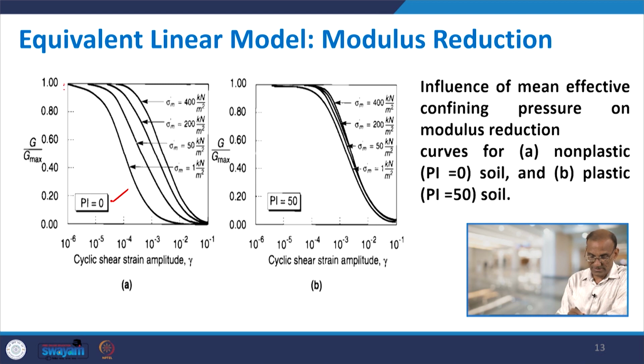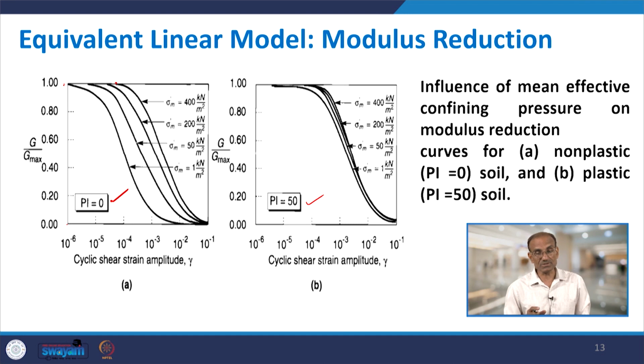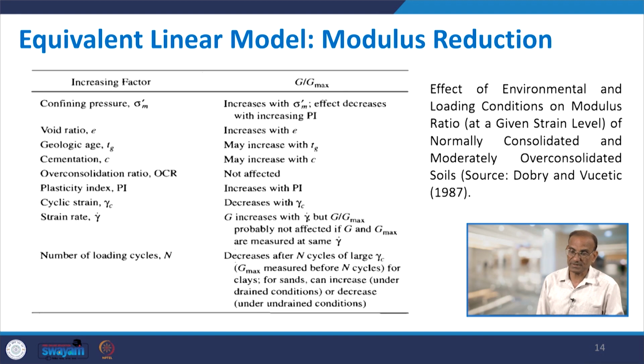For example, this was strain level 10 to the power minus 6 here, but for this curve it will go to 10 to the power minus 4. So the value of G by G max will increase for the same level of strain when you increase confining pressure. This was the case for PI equals 0, that is for sand, but when PI equals 50, all these four curves come very close and the effect of confining pressure is almost negligible, particularly at higher values of strain. So this is the effect of confining pressure.